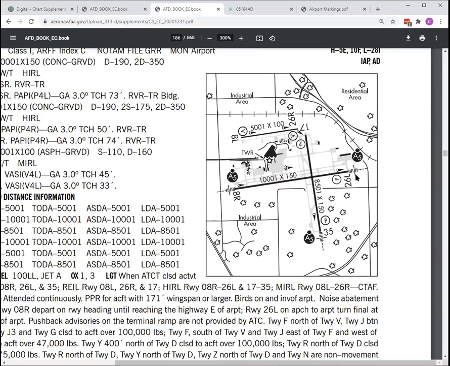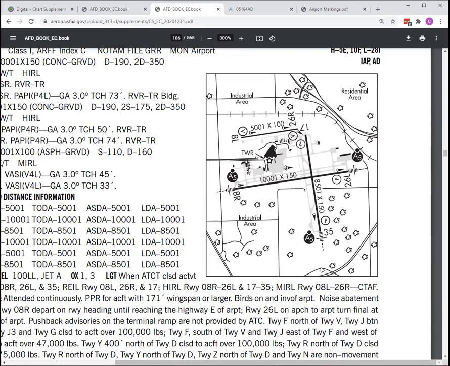Now, as it turns out, if you were to go out onto the runway and check the actual runway headings at Grand Rapids, these are not correct. They're actually off by about a degree. But it costs a lot of money to repaint and update all the information out there, saying that Grand Rapids has 8 right, 26 left.